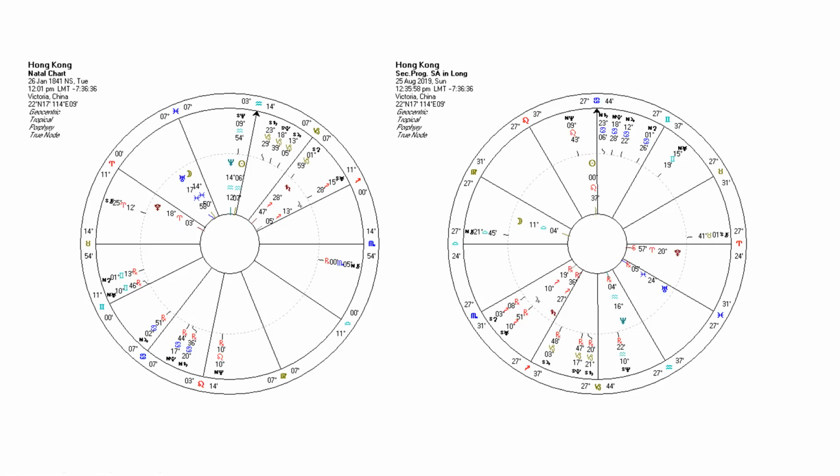Of course, it's interesting to see that Hong Kong's natal Pluto is at 18 degrees Aries, and its progressed Pluto position is 20 degrees Aries. And these Pluto positions are again, of course, picking up the north and south nodes of Saturn and Pluto in Cancer and Capricorn.